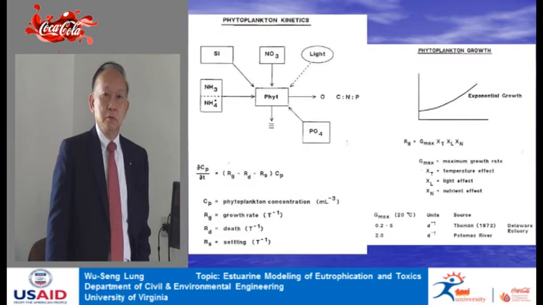They're from 0 to 1. 1 means no discount. 0.5 is a 50% discount. Why do we have a discount? When you're not in optimal light, you take a discount. When you don't have optimal nutrient concentration, you take a discount. The maximum growth rate is when all these X's are equal to 1.